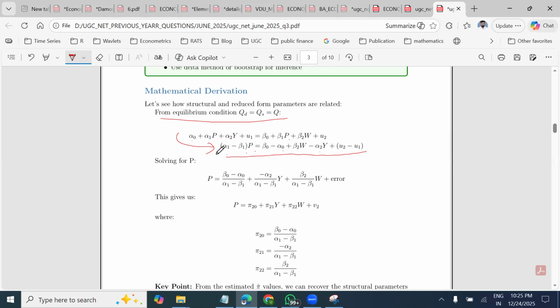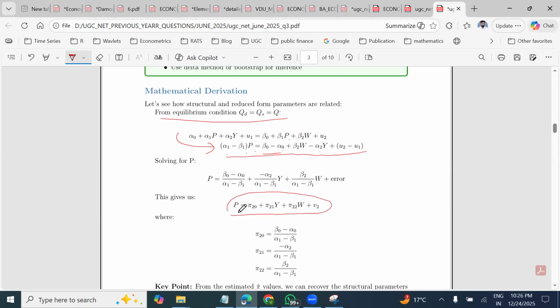Yes, sir. Now when we solve for this, you just divide across, because these are constants. So directly we will be dividing by alpha 1 minus beta 1 over here. Then similarly we derive all the other terms. So ultimately we express everything in terms of different parameters.